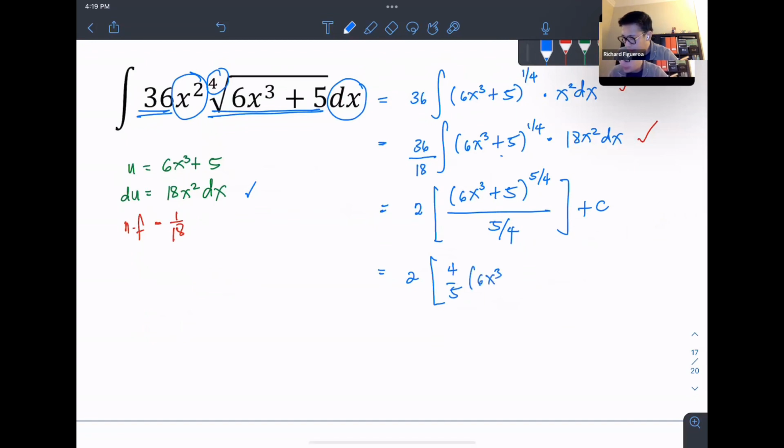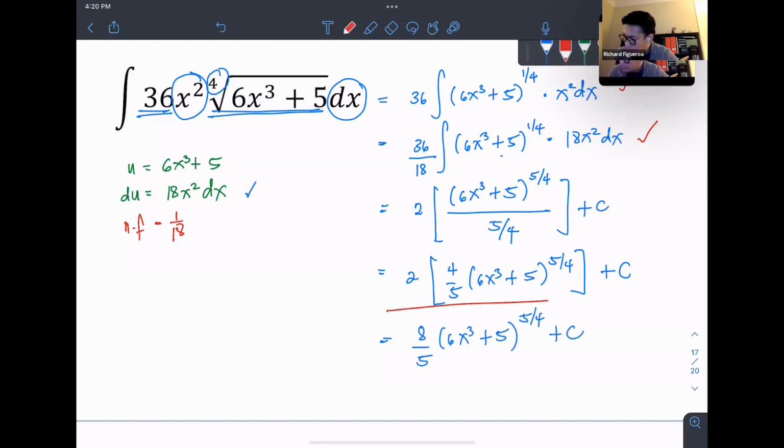Then 6x cubed plus 5 raised to 5 over 4 plus c. So 2 times 4 will have 8 over 5. So 8 over 5, 6x cubed plus 5 raised to 5 over 4 plus c.